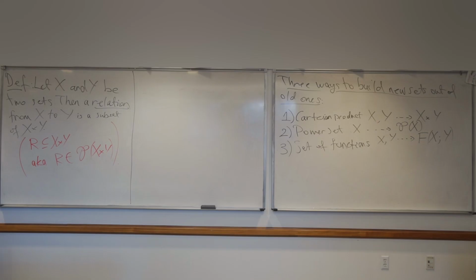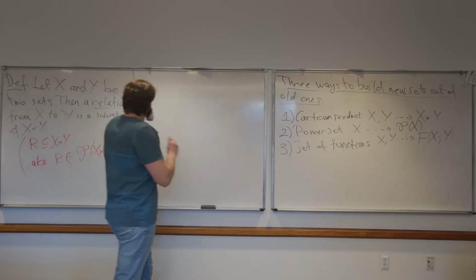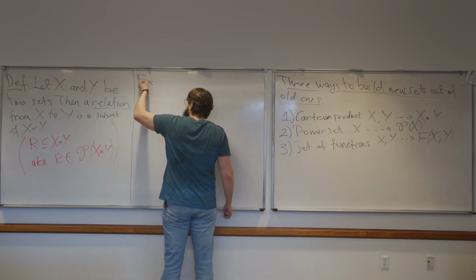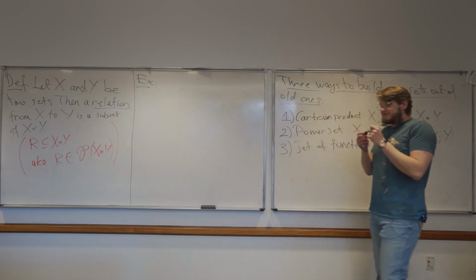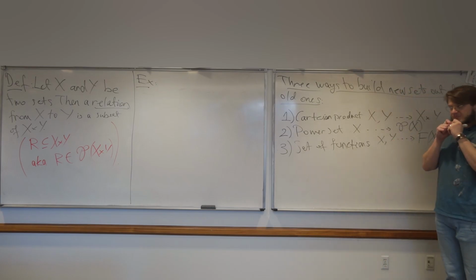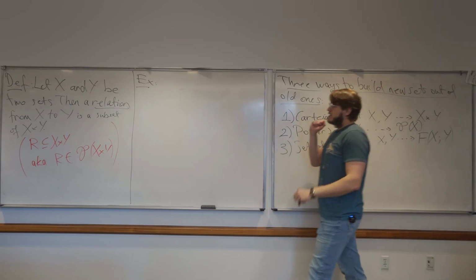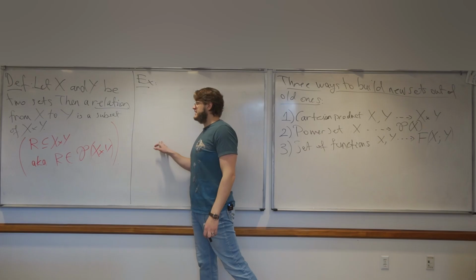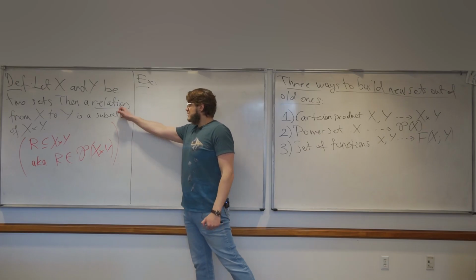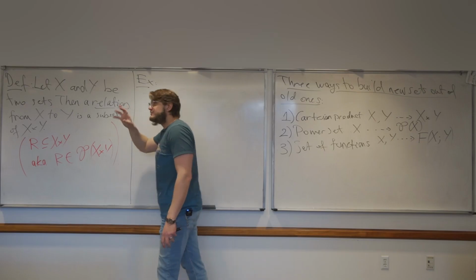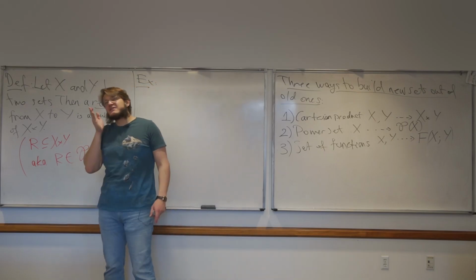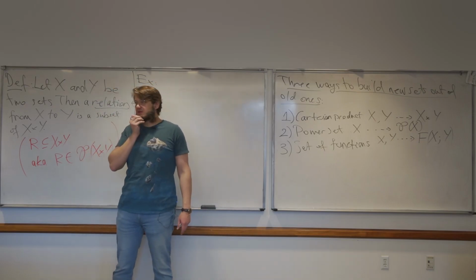So I want to give a couple examples, okay, because this is somewhat hard to parse. And maybe even before giving examples, I should give you some sort of heuristic. Even though I haven't defined a function yet, a good way to think about a relation is, well, it's basically like a function, but maybe it fails the vertical line test, kind of a thing.